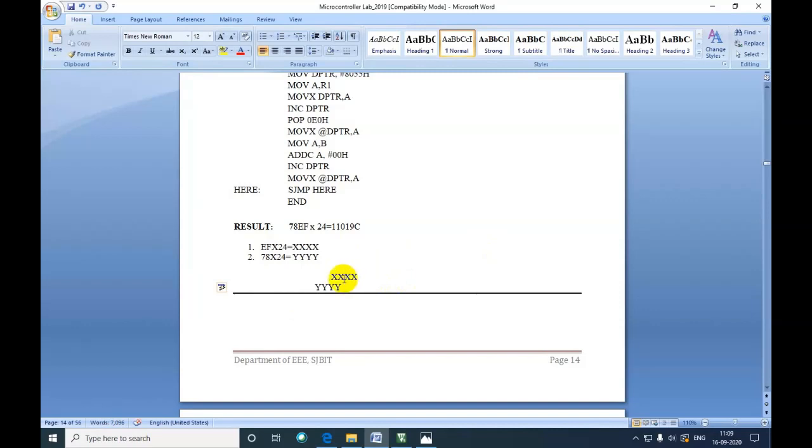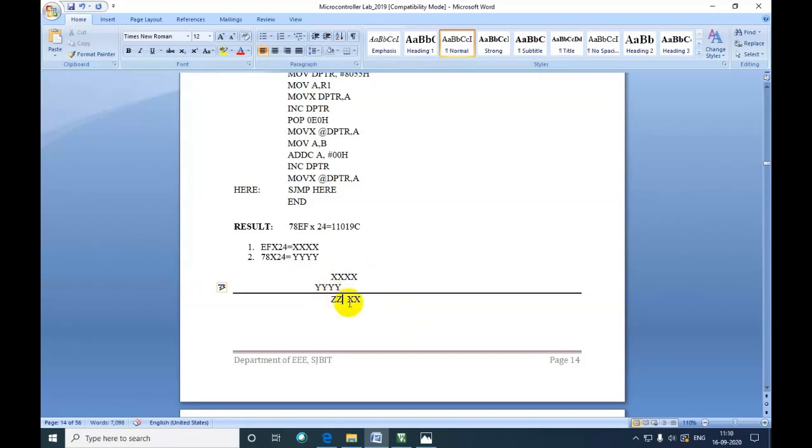How do I add them? First, I will write down this lower XX as it is below. Next, I will add the higher byte XX of the first product and the lower byte YY of the second product to get ZZ.